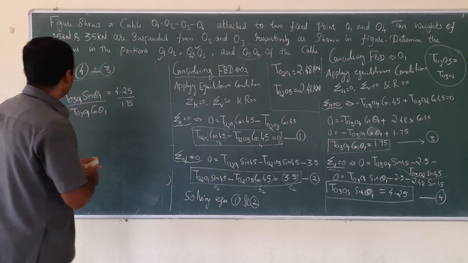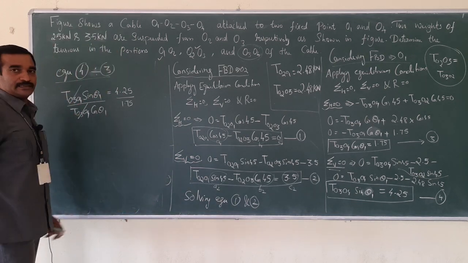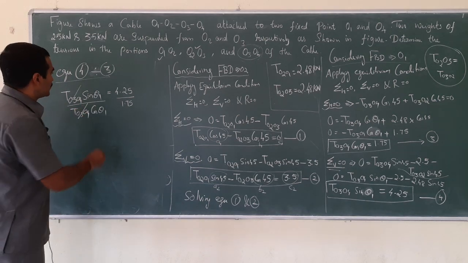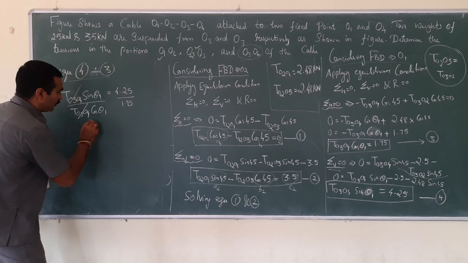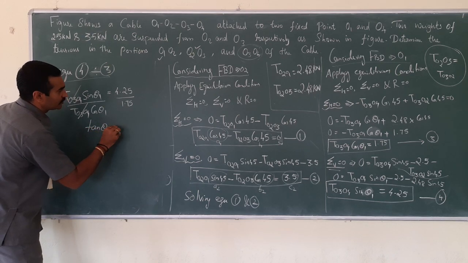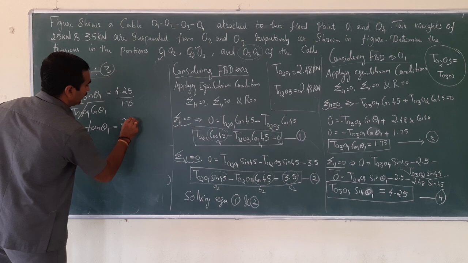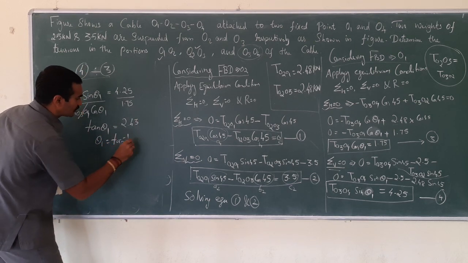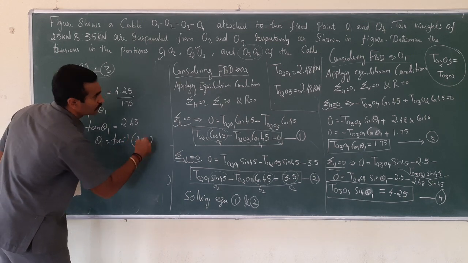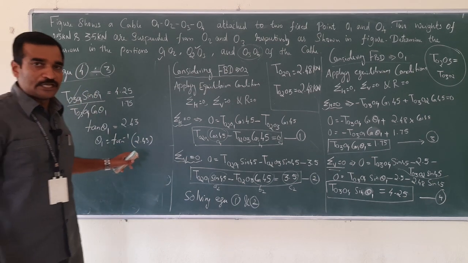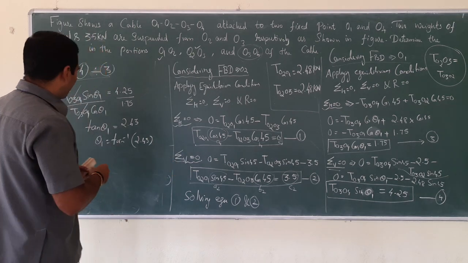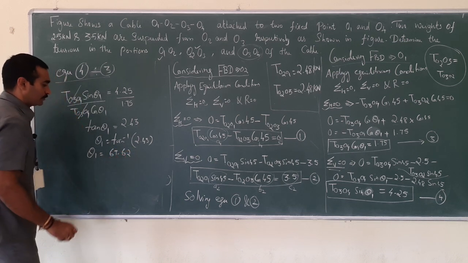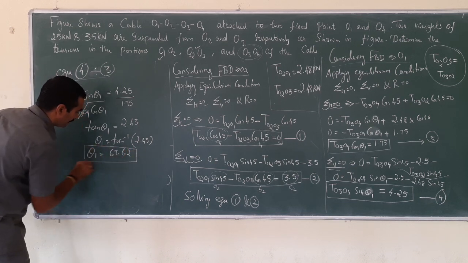So when you do so, this T O3 O4 can be cancelled because both are common, and sin theta by cos theta would be tan theta 1, which is equal to 2.43. So theta 1 is equal to tan inverse of 2.43. If you feed this value in your calculator, you will get roughly theta 1 equal to 67.62 degree.